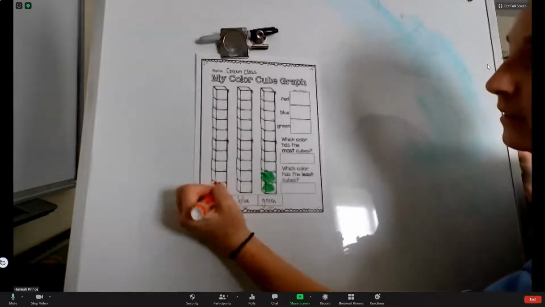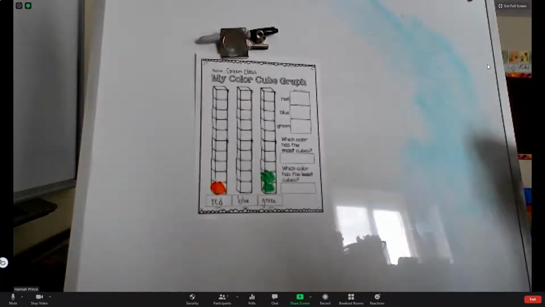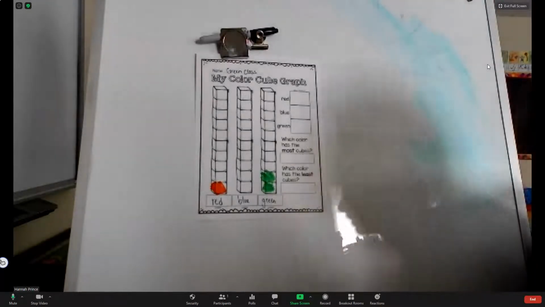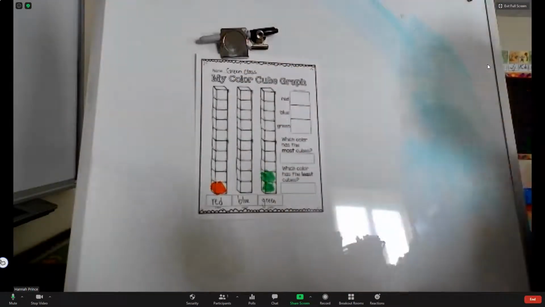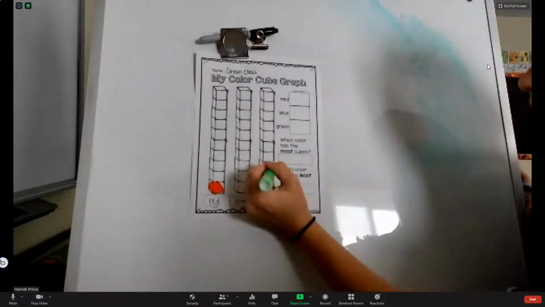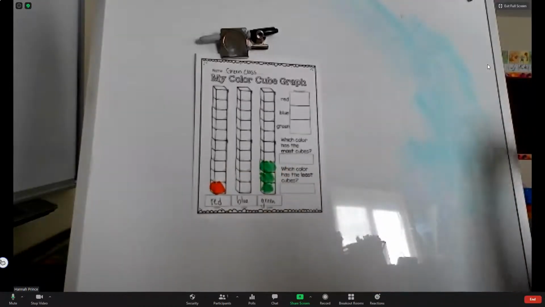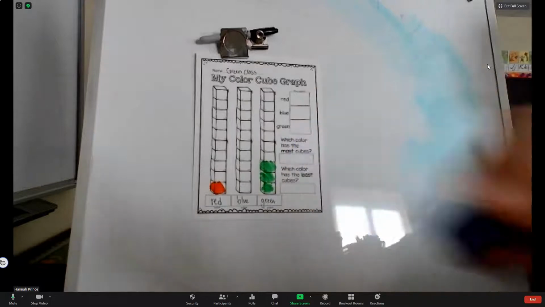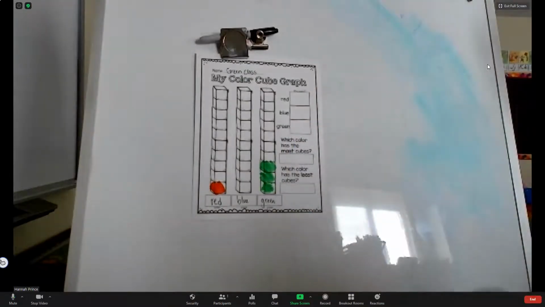A red. All right, next color is green. Wow, we have lots of green. I wonder which one's going to have the most. Next color, blue. Finally, we have a blue.